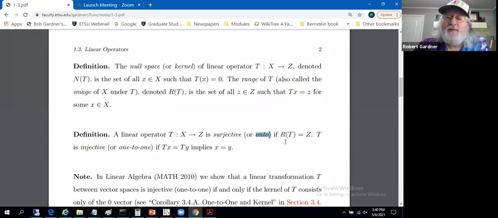But it's onto if the range equals all of this codomain up here. It's injective or one-to-one if T of x equals T of y implies x equals y. The only time you get the same output is when you have the same input. You might read it like that in terms of this type of mapping.